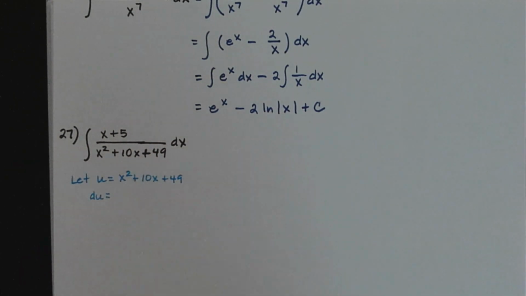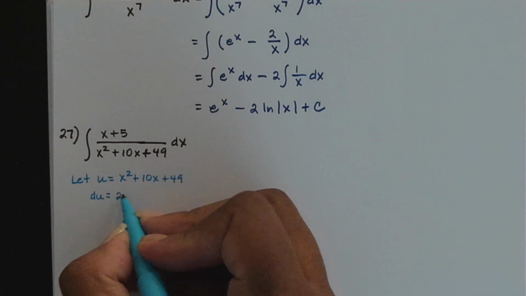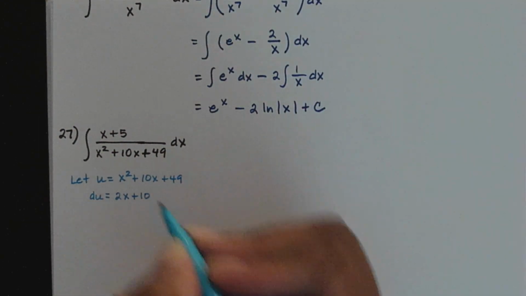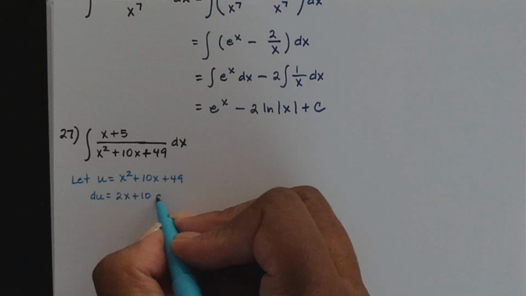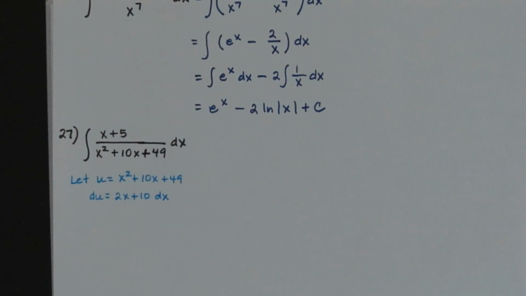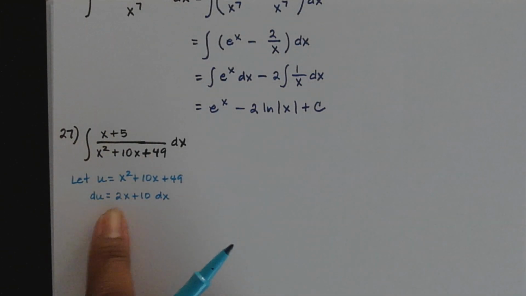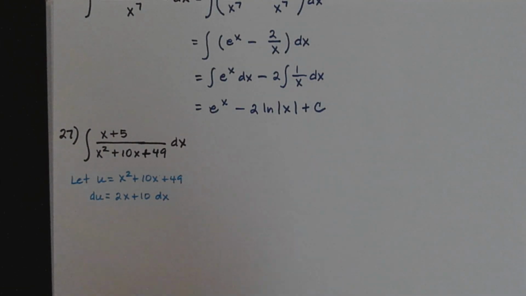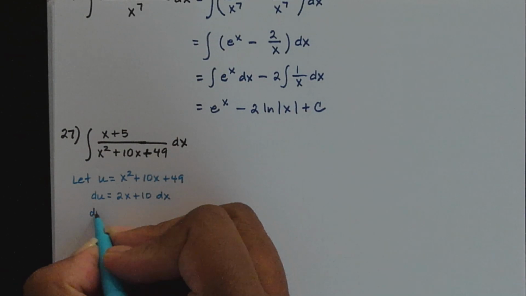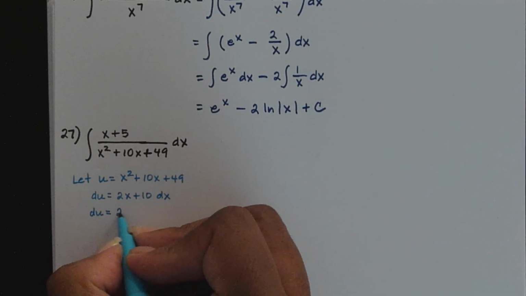That would mean du will have to be 2x plus 10 dx. And in this case, you have to include the dx as well. All right, in this case here, what can we factor out in 2x plus 10? A 2.